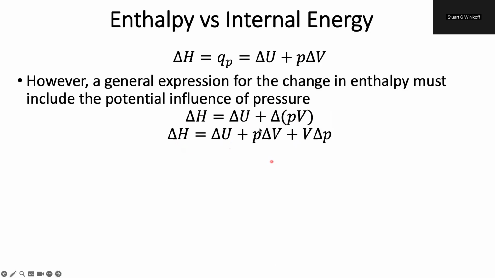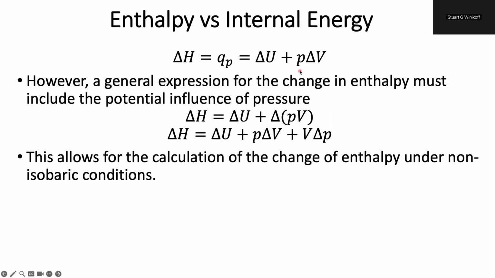So this is all the same, but now we add on this extra term, volume times change in pressure. But note under isochoric conditions, this last term will fall out. So we still get that desired expression that we had earlier. So notice this allows for the conversion between enthalpy and internal energy under any conditions, whether they're isobaric or isochoric.